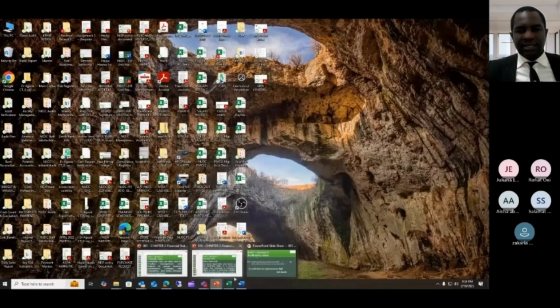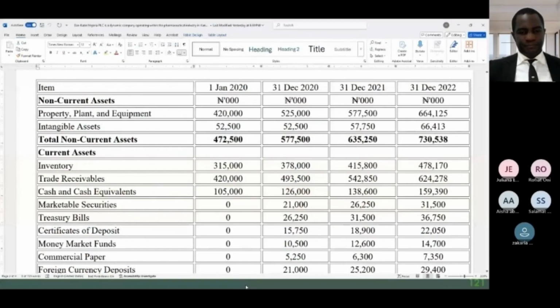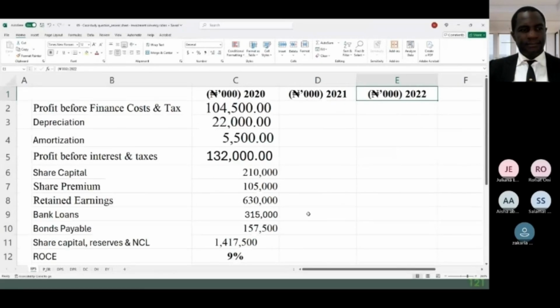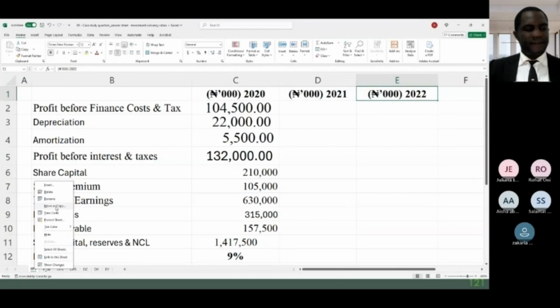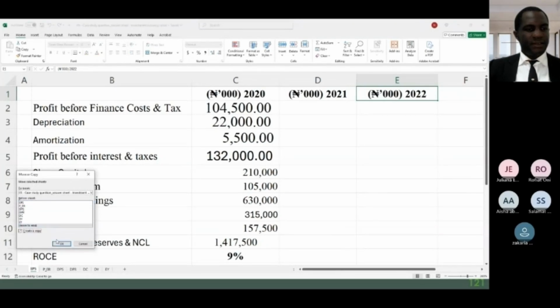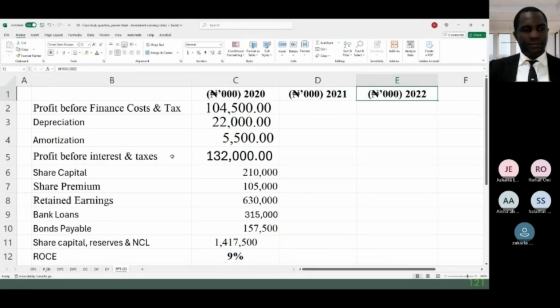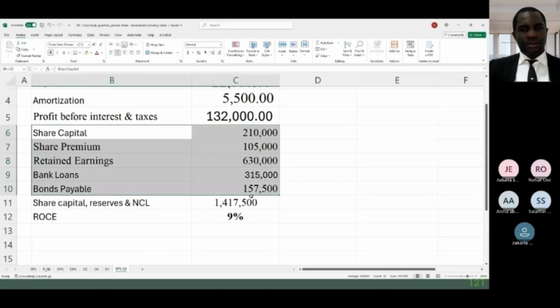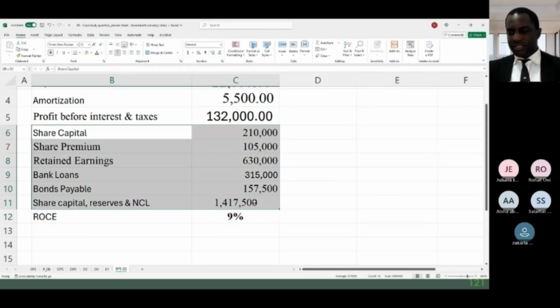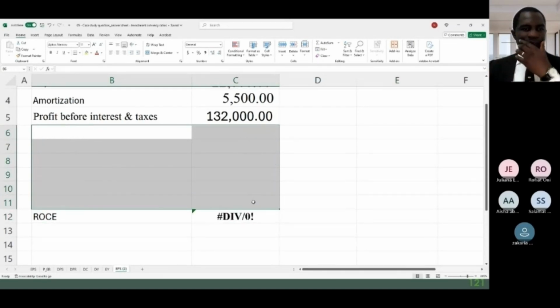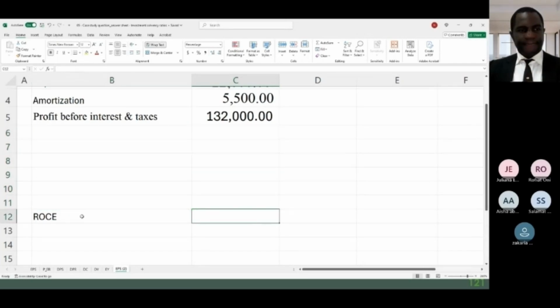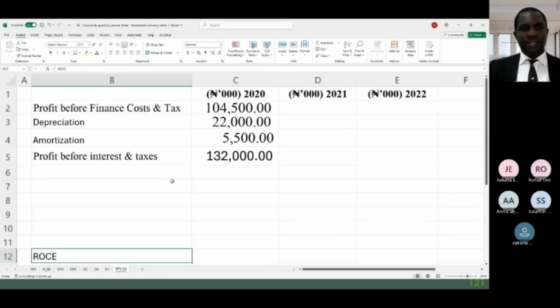So let me open another sheet for this. We already have our profit before interest and tax, so I'll just remove the denominator and leave the profit before interest and tax.